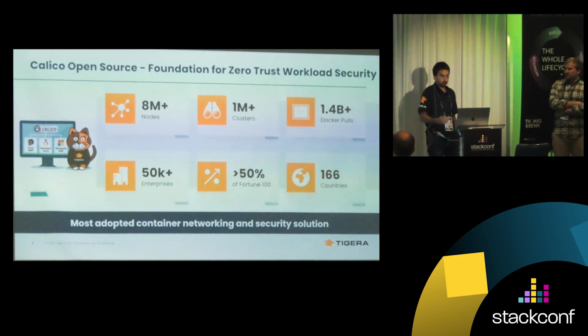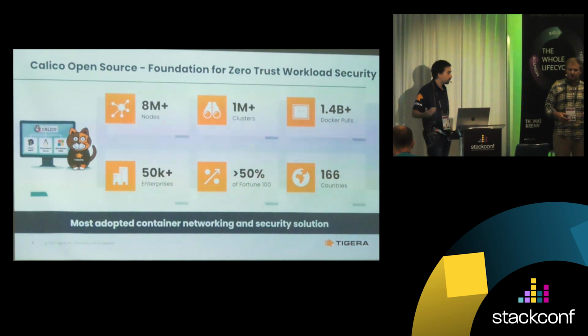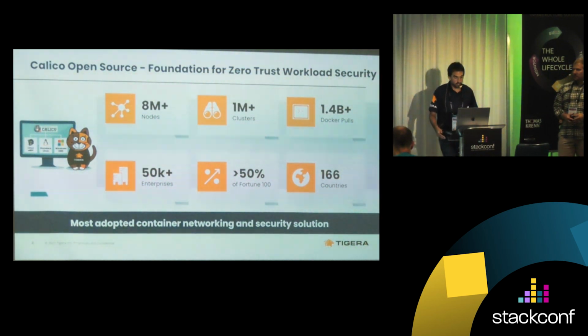It's been pulled 1.4 billion times. Actually, my colleague checked this morning, it was 1.5 billion images pulled. And 50,000 plus enterprises are using it, 50% of the Fortune 100, in 166 countries. So it's a product that is used massively for Kubernetes in multiple environments, in the cloud, on-prem with Rancher.